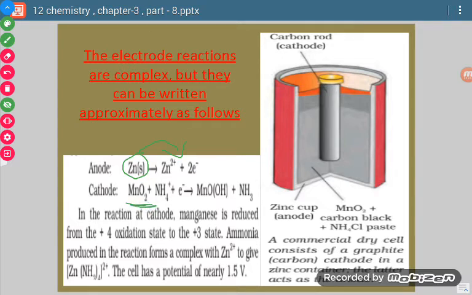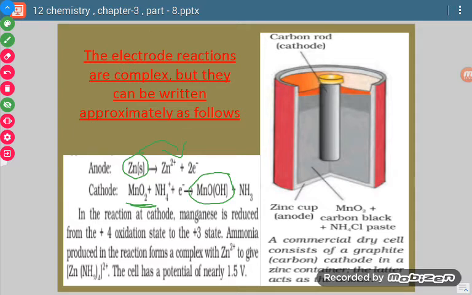Here you can see in MnO2 the oxidation number of Mn is +4, and here the oxidation number of Mn is +3. So what does it mean? It means manganese has changed its oxidation state from +4 to +3, so it has undergone reduction.